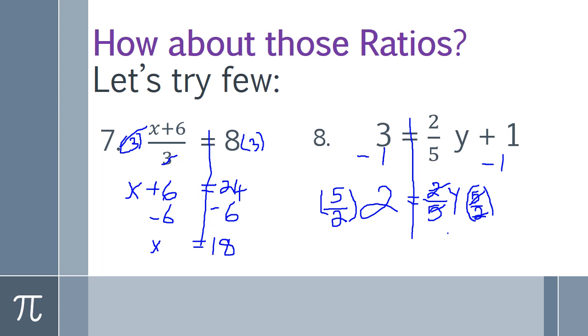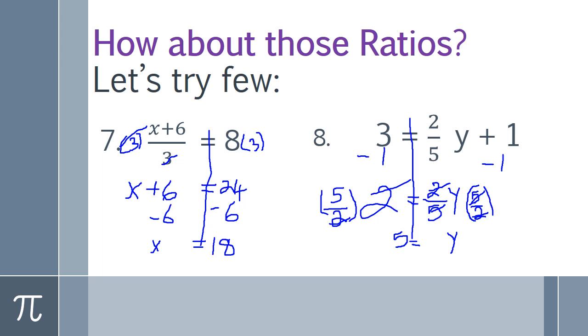I'm going to end up with y by itself, which is going to be equal to the 2 here and the 2 here are going to cancel each other, and I'm going to have 5 by itself. So the final answer is y equals 5.